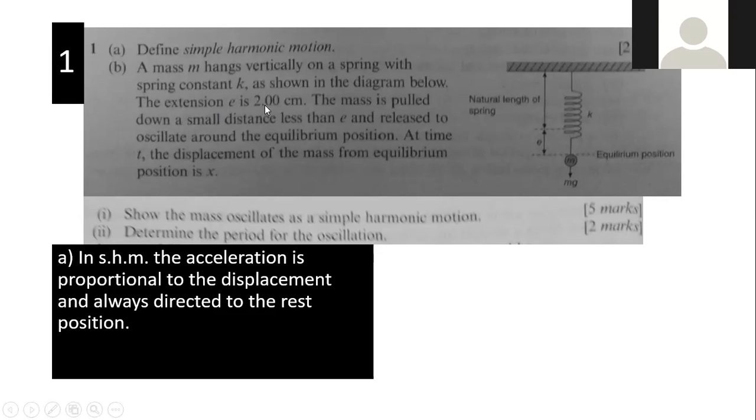The extension e is 2 cm and the mass M is pulled down a small displacement less than e and released to oscillate around the equilibrium position. At time t, the displacement of the mass from the equilibrium position is x. Show that the mass oscillates with simple harmonic motion.